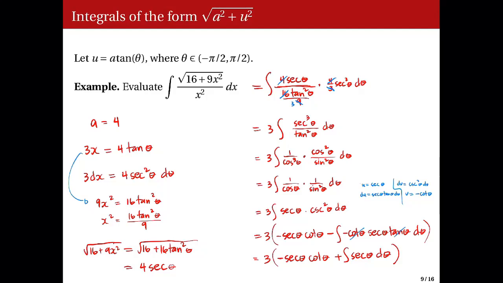And now we can integrate this easily. So we have 3 times negative secant theta cotangent theta plus the integral of secant theta, that's again ln absolute value of secant theta plus tangent theta, and then plus c.